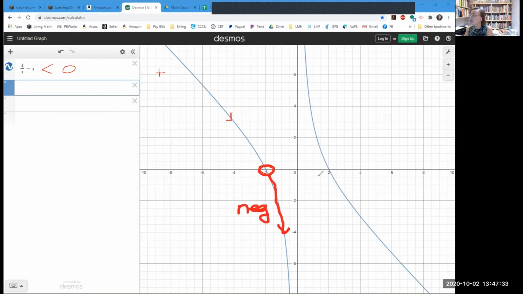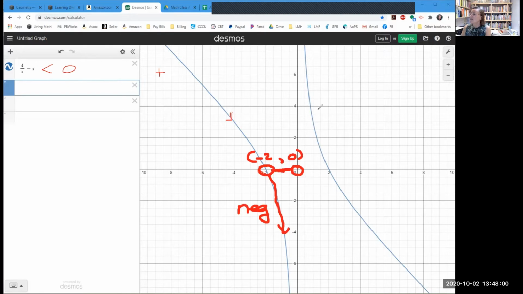From here, it's going to race towards negative infinity on the y-axis, but it will never get to 0, so we have to circle 0 because it'll never get there. So our x values that will give a negative y value would be -2 to 0. This part here, I get negative values.